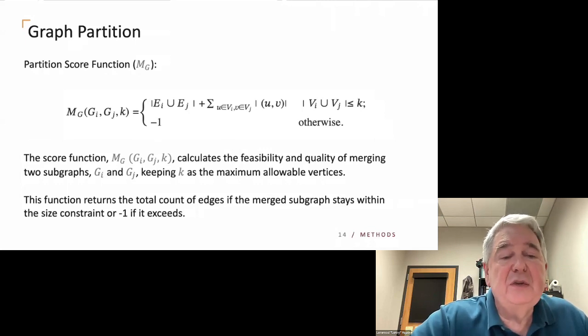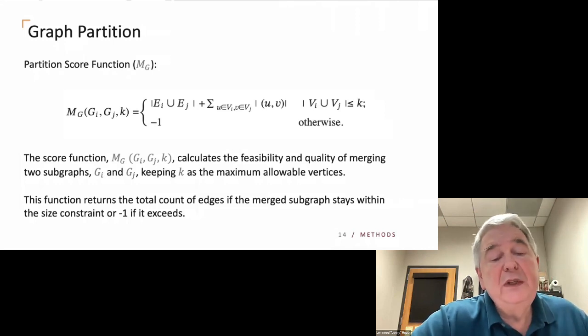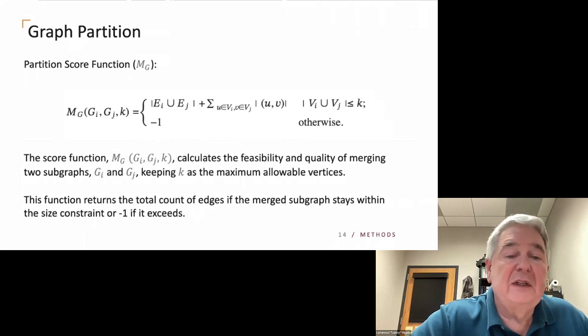So the partition score function is basically how many edges we get by putting them together, except we use -1 if the size of the resulting subgraph is too big.